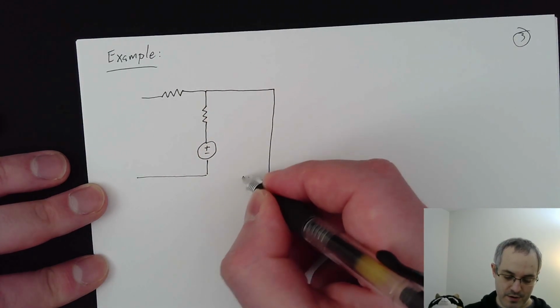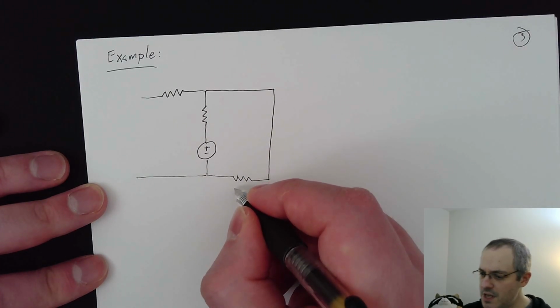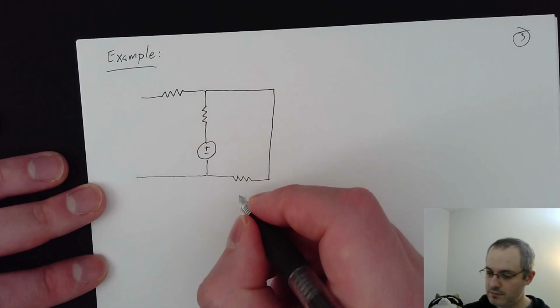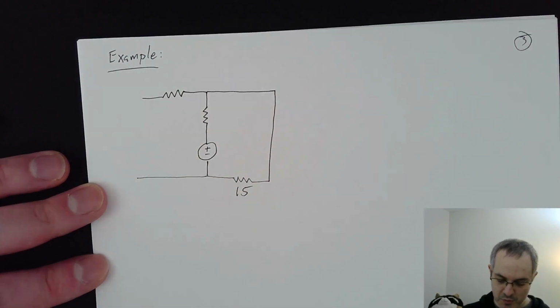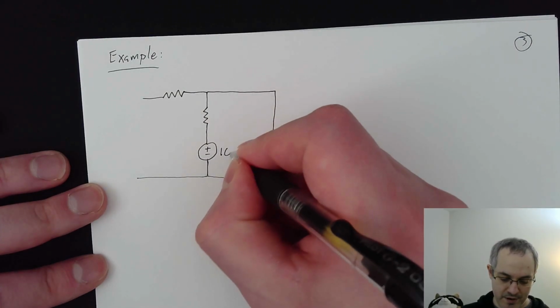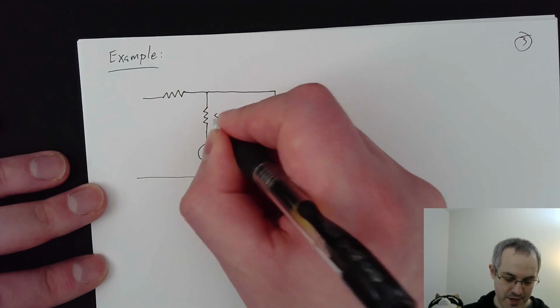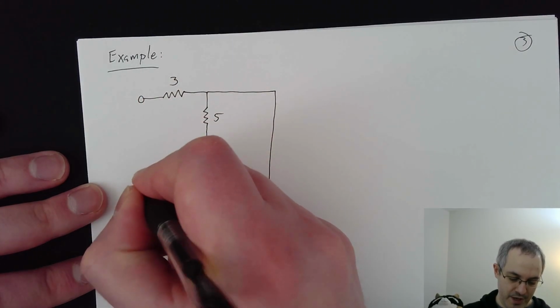We're going to say this is a 15. There is no decimal point. It's 15 ohms, 10 volts there, 5 ohms here, and 3 there. We're going to put our terminal ends there.